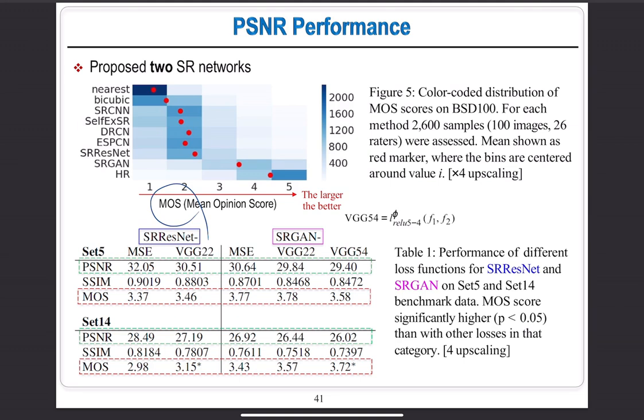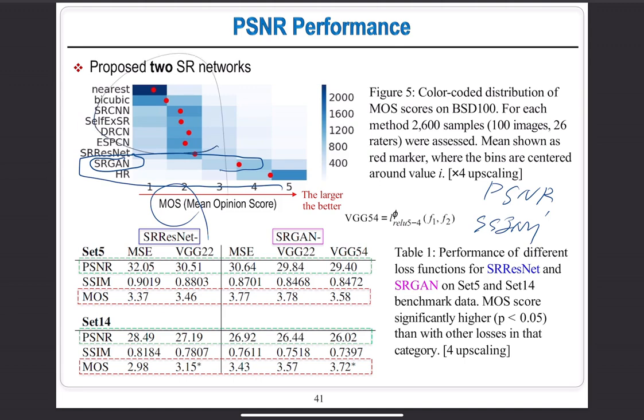It's often more aligned with visual quality than just PSNR and SSIM. We can see that SRGAN, which uses a combination of L2 loss, adversarial loss, GAN loss, and perceptual loss, achieves a significantly higher MOS score than a model trained with just L2 loss.